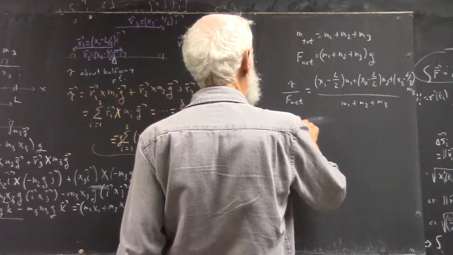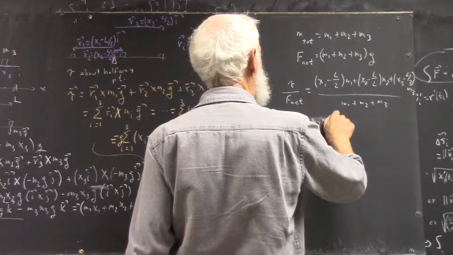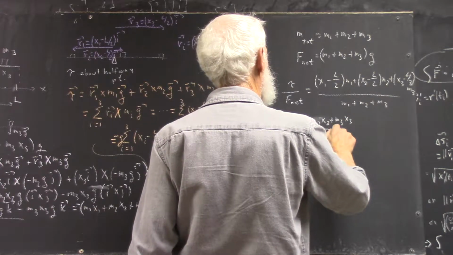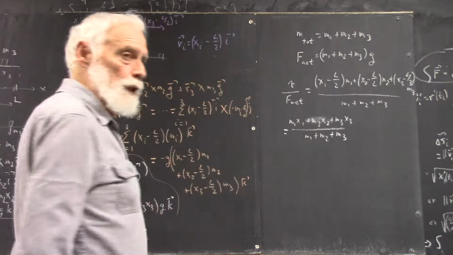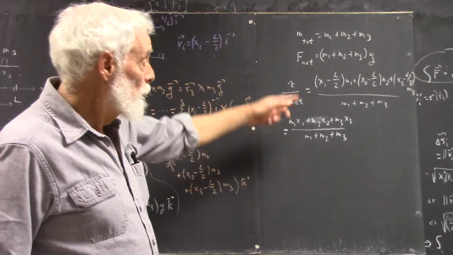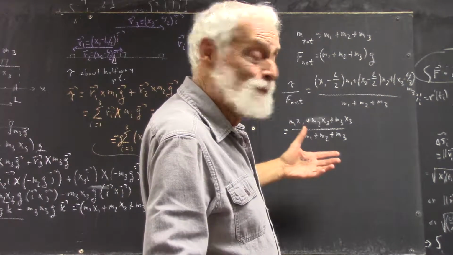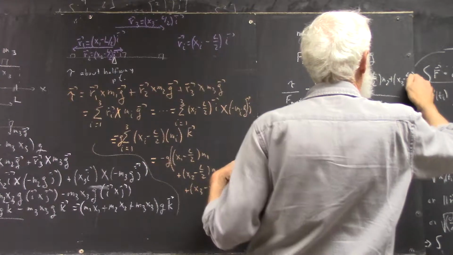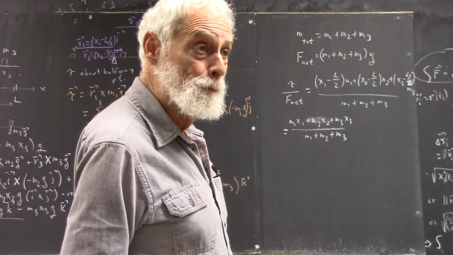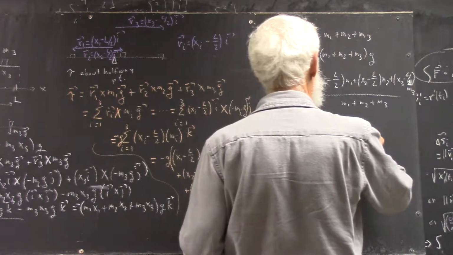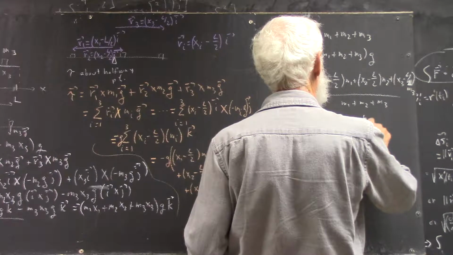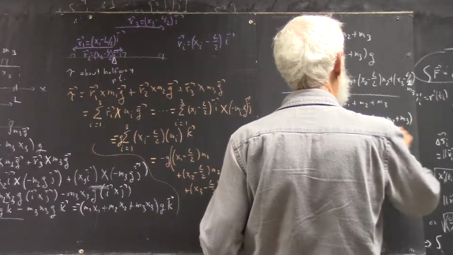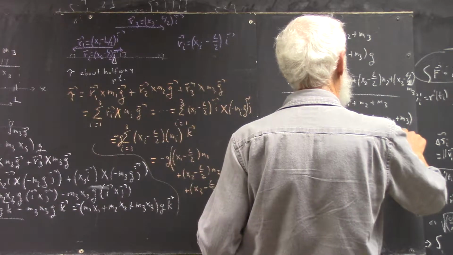Well, let me write it out. M1 okay, it's this. But what happened to all the L over 2's? I got them right in the 3s here. I wrote an L over 3 there accidentally. But I got all these L over 2's, right? Well, it looks like it's just minus L over 2 times M1 plus M2 plus M3 over M1 plus M2 plus M3.